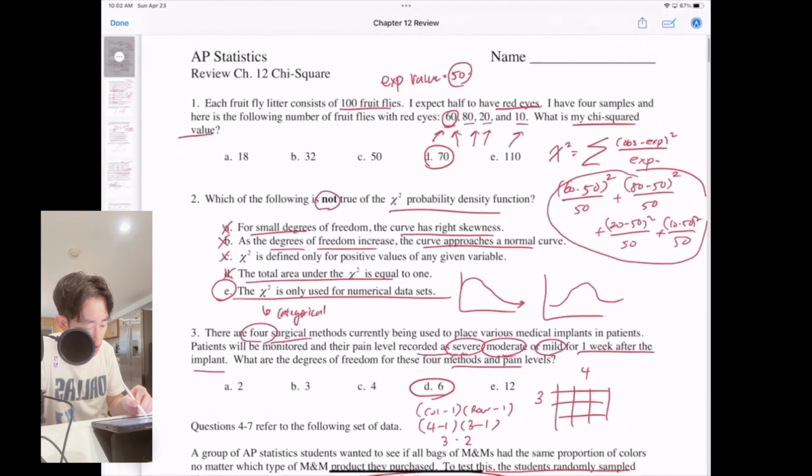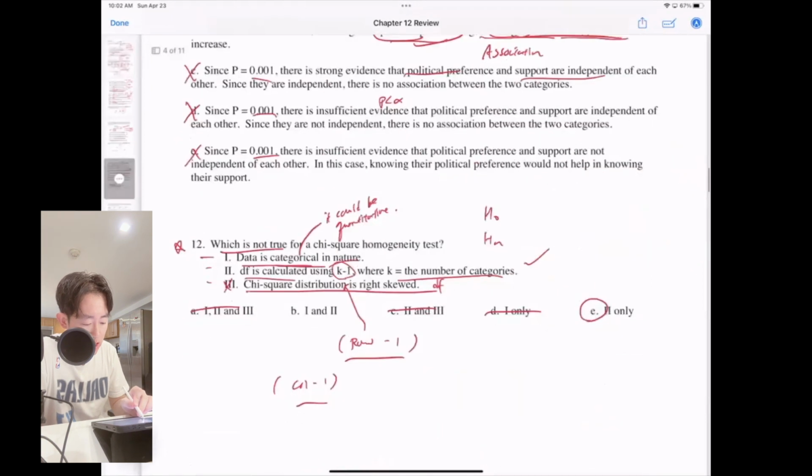The chi-squared is only used for numerical data sets, right? So for number 2, not only can you use it for numerical, but you can use it for categorical, obviously. For this particular question, in nature, the data does not have to be categorical. It could be quantitative, but we don't really see a lot of examples of that. So the answer here would be E.